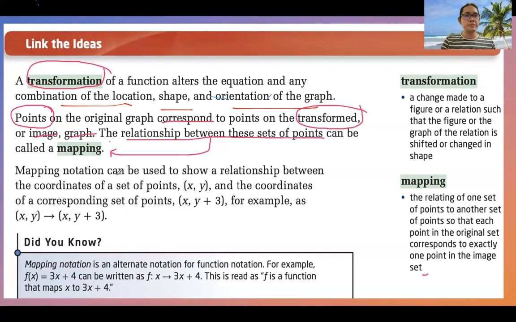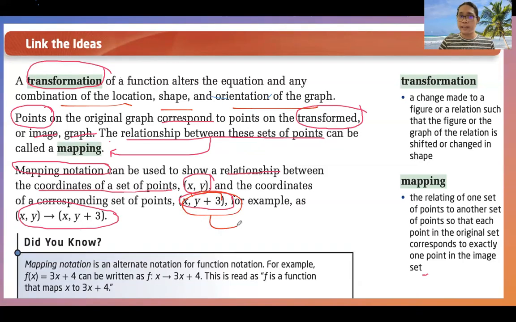Mapping notation can be used to show a relationship between the coordinates of a set of points (x, y) and the coordinates of the corresponding set of points (x, y + 3). For example, (x, y) is mapped to (x, y + 3).